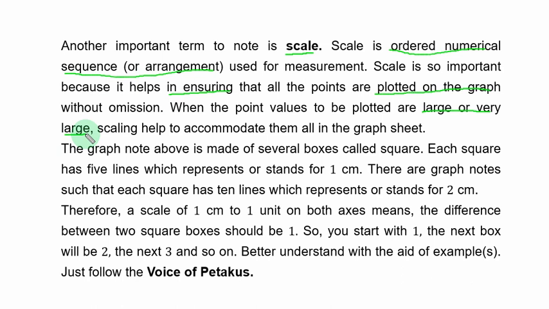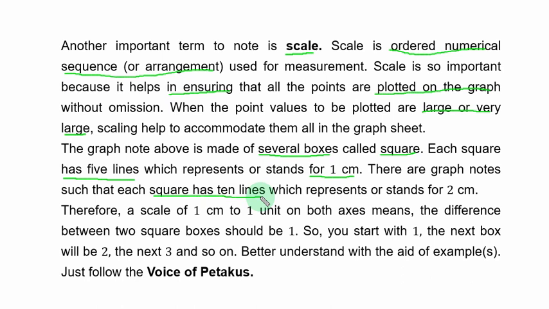The graph note above, the one you just saw, is made of several boxes, and each box is called a square. Each square has 5 lines, which stands for 1 centimeter. There are graph notes such that each square has 10 lines.